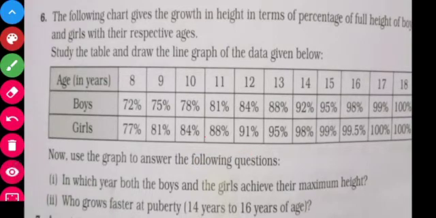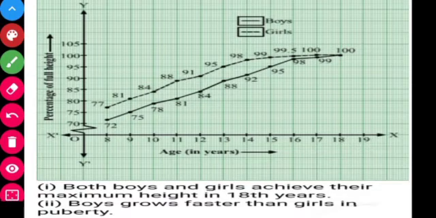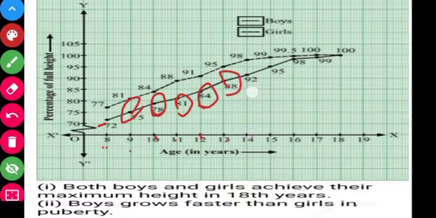Here it is 72% for 8 years, for 9 years 75%, for 10 years 78%, for 11-year boys 81%, for 12 84, for 13 88%, for 14 92%, for 15 95%, 16 98%, 17 99%, and at 18 years they cover 100% of height.